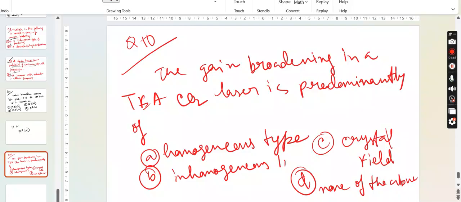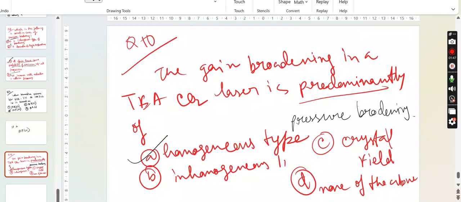So the main broadening is basically pressure broadening, and as we have discussed earlier, that broadening is homogeneous type. So that is the answer.